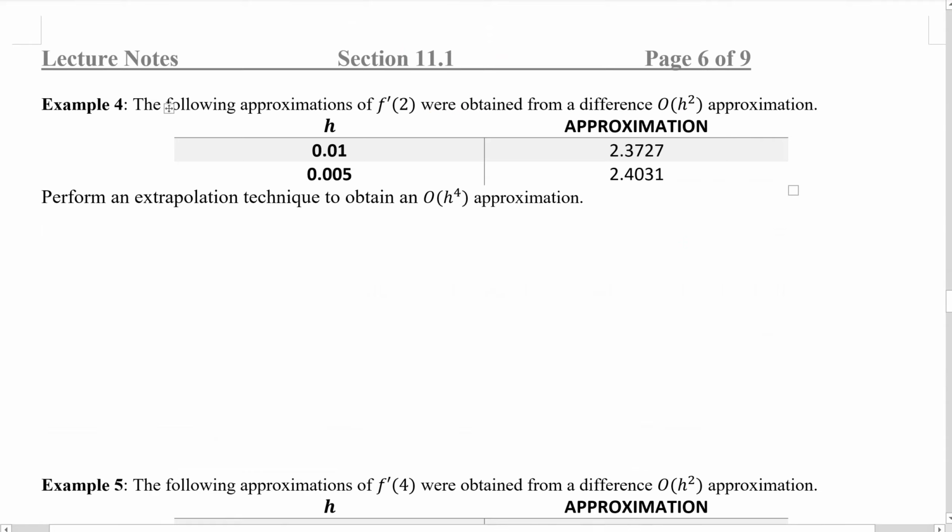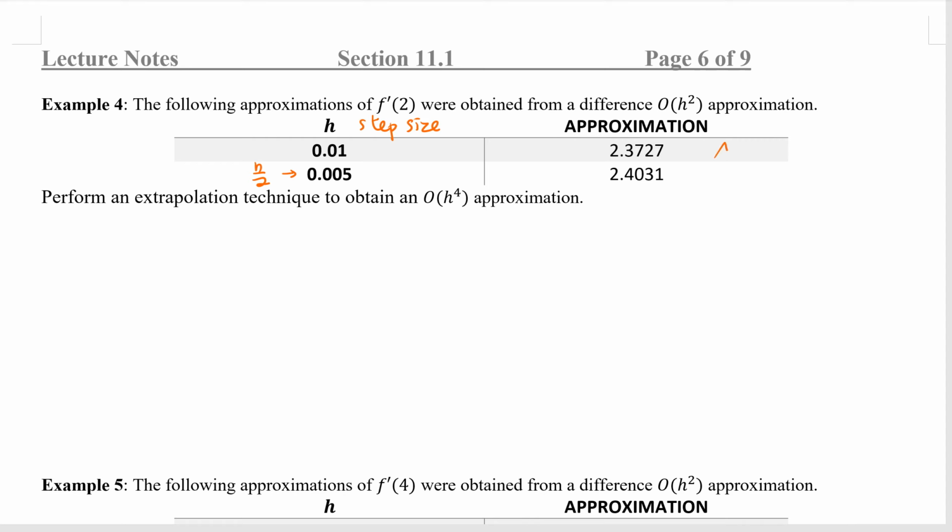So example 4. The following approximations of f prime of 2 were obtained from a different second order approximation. Okay, so we have the step size h is 0.01, and we also have h over 2, which is 0.005.